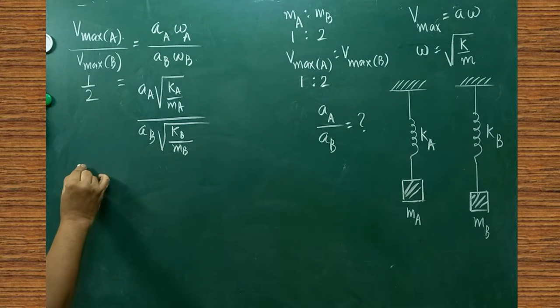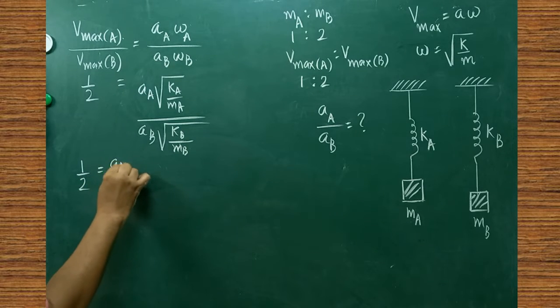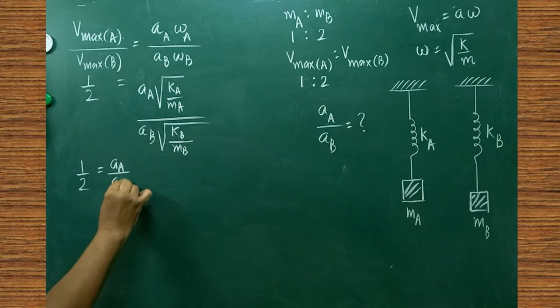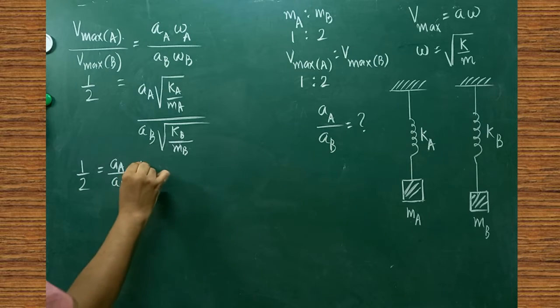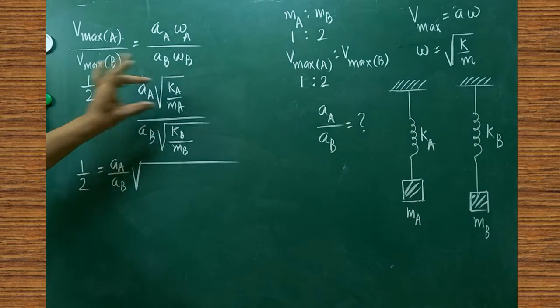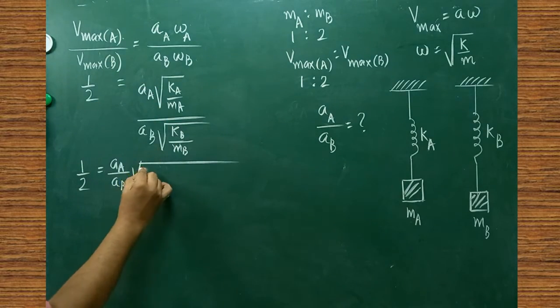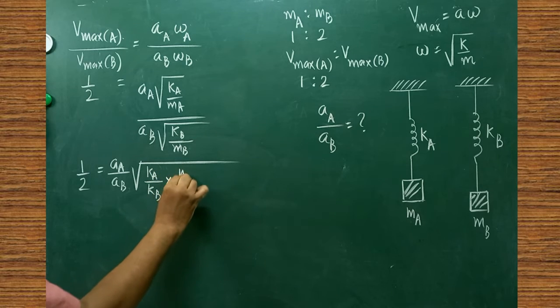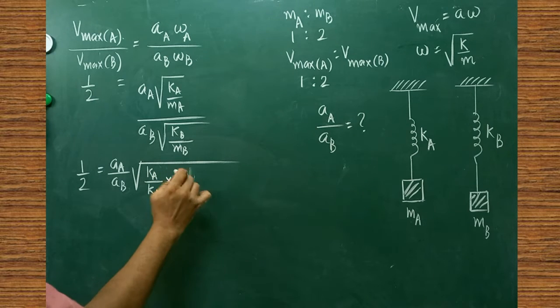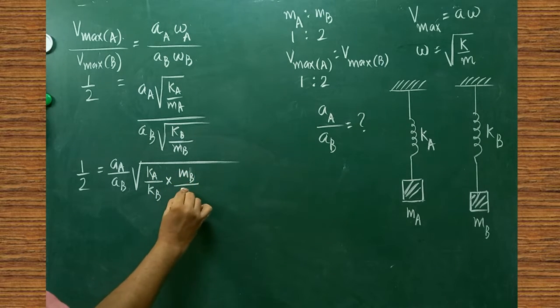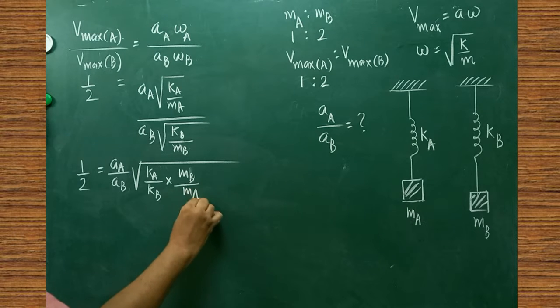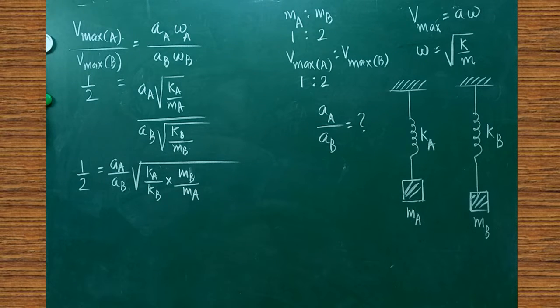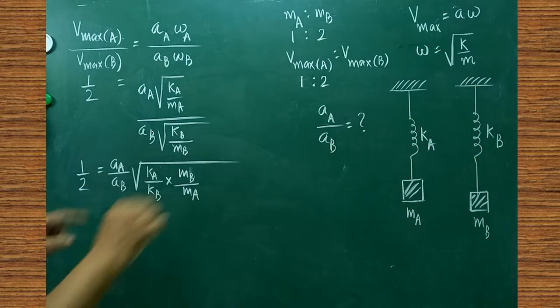Are you clear? In the next step we can write: half equals AA by AB square root of Ka by Kb, and after reciprocation Mb divided by Ma can be written.